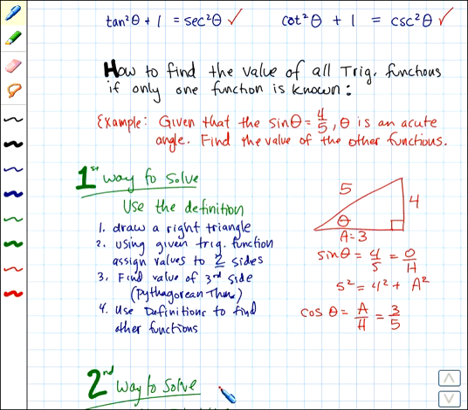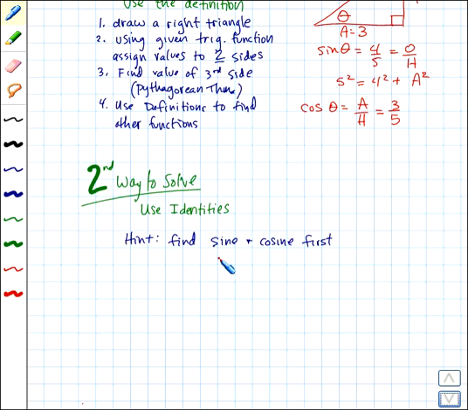The second way that we could solve this is to use identities. And here a hint is to find sine and cosine first, and then that really helps you. Once you have sine and cosine, we can pretty easily determine all the other functions. So if we use the Pythagorean identity, sine squared of theta plus cosine squared of theta is equal to 1.